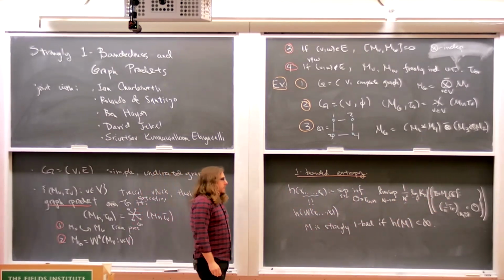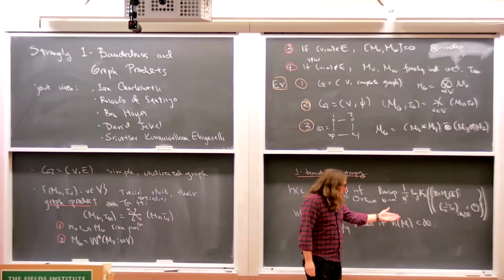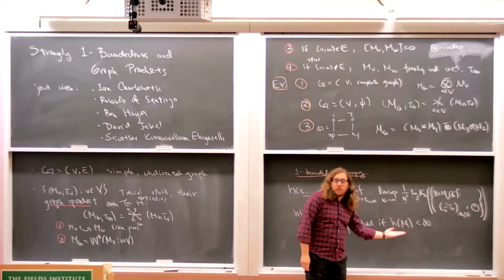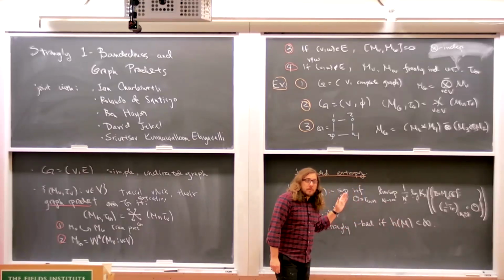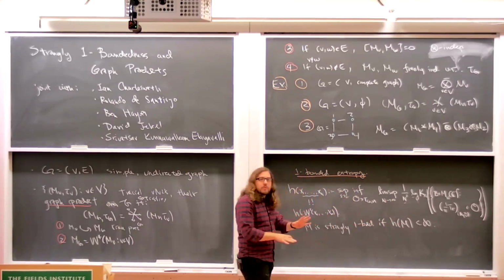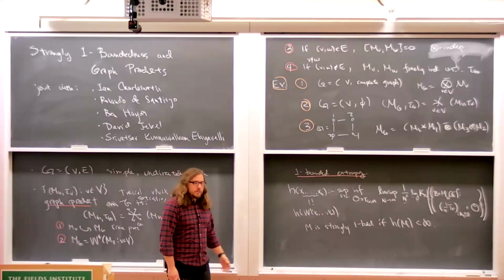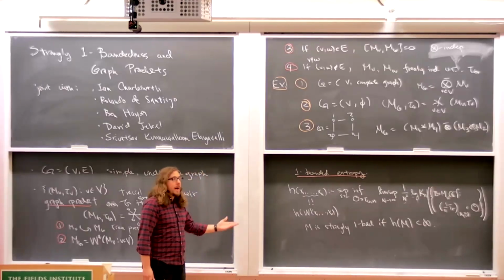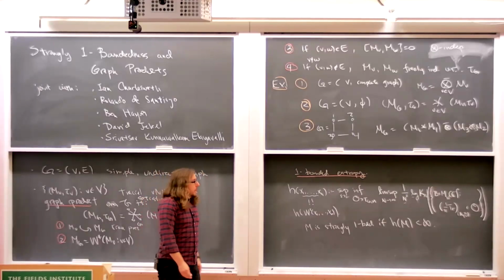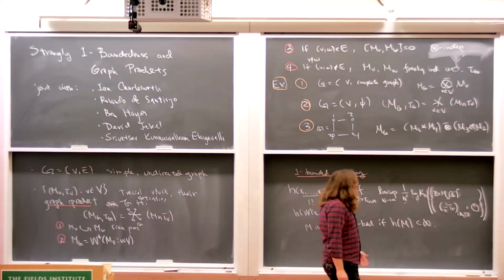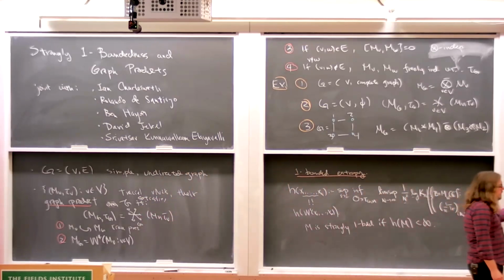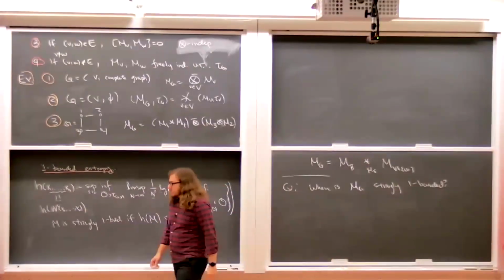And the critical thing is that something for which this fails are free group factors. So in particular, this can distinguish you from free group factors. And using this and other properties, as we saw in Ben's talk, you can get a lot of mileage out of this quantity. So we want to understand when this happens for these graph algebras.